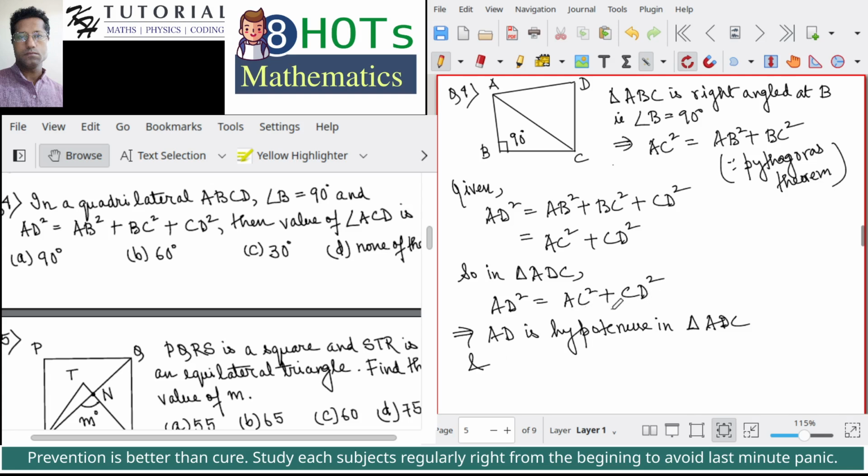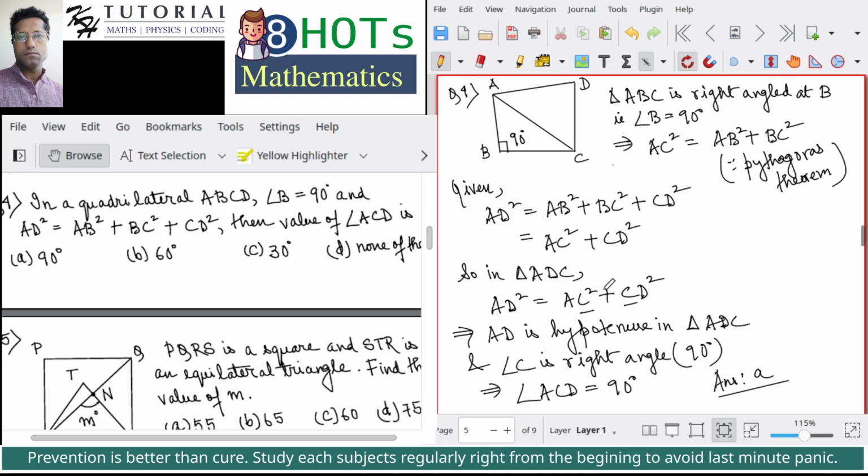Which vertex is common in AC square and CD square? It is C. So angle C is the right angle, that is 90 degrees. So this implies that angle ACD is equal to 90 degrees. This is what the problem is asking. It has asked to find the value of angle ACD. So the correct choice is A.